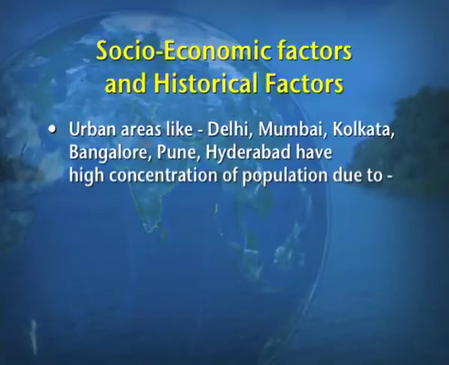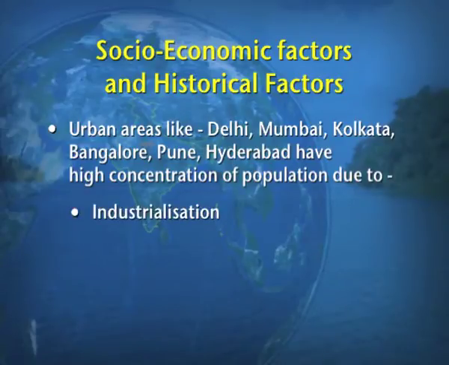Now, I will quote certain cities: Delhi, Mumbai, Kolkata, Bangalore, Pune, Hyderabad. These areas have the high concentration of population because of two major reasons. One, industrialization, and another is urbanization.